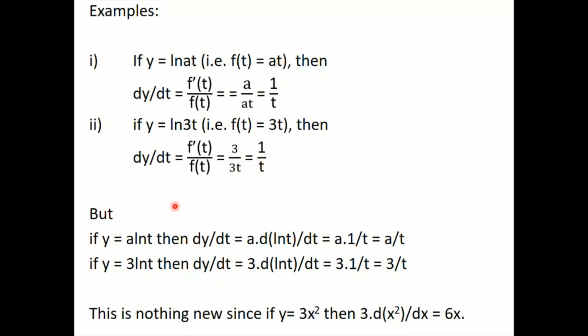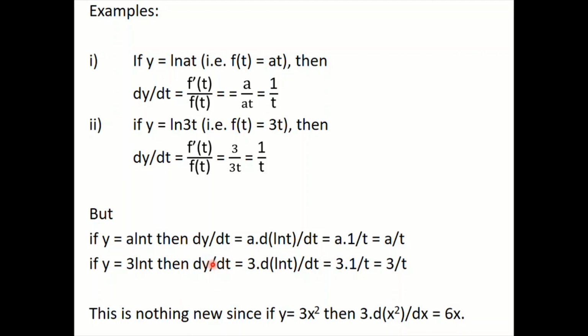We just need to remember that the examples we see up here, where we've got, for example, the natural logarithm of a value times our variable, is quite different from if we have something like this here, where 3 comes before the natural logarithm. So this would be 3 times the natural logarithm of t.